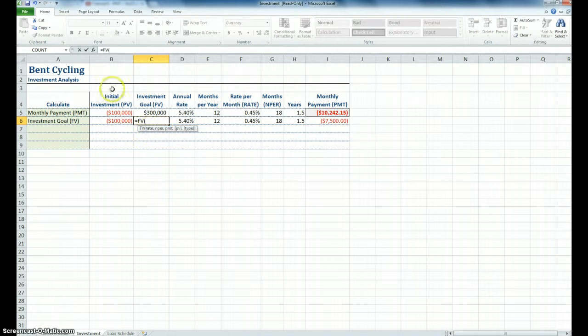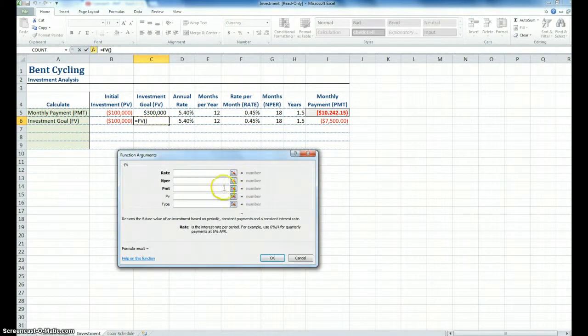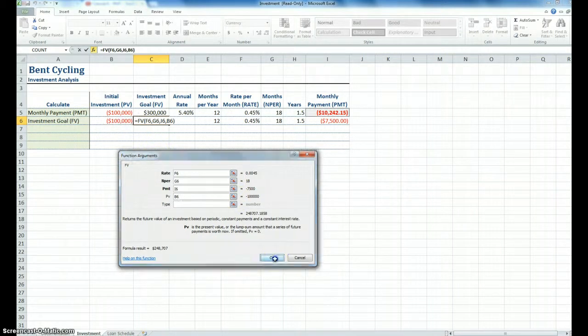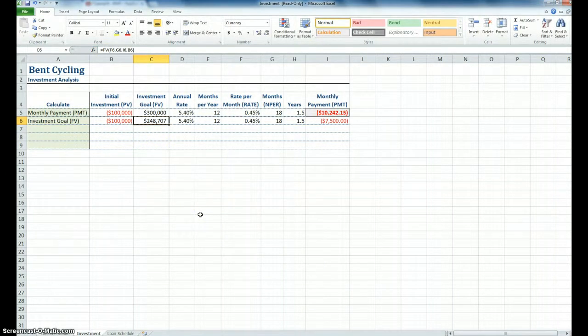Double click on my icon there, get my dialog box up. My rate is F6, it's not D6, it's F6. Number of periods is 18 periods, it's a year and a half. The payments I'm going to make are $7,500, and my present value is $100,000. I press OK, and there's my answer.